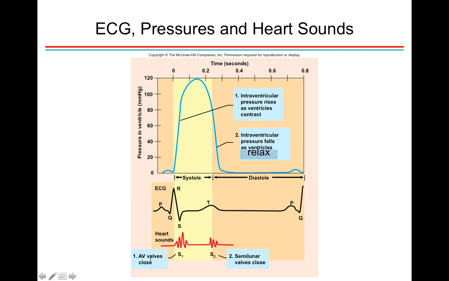So when we have the QRS wave, which is the depolarization of the ventricle, the AV valve will close. The tricuspid and bicuspid valves are going to close, and we can hear that, and that's going to be overlapping with the time of the depolarization. So basically, the AV valve closure is going to overlap with the depolarization of the ventricle, and then the semilunar valve's closing happens to overlap with the repolarization of the ventricles.